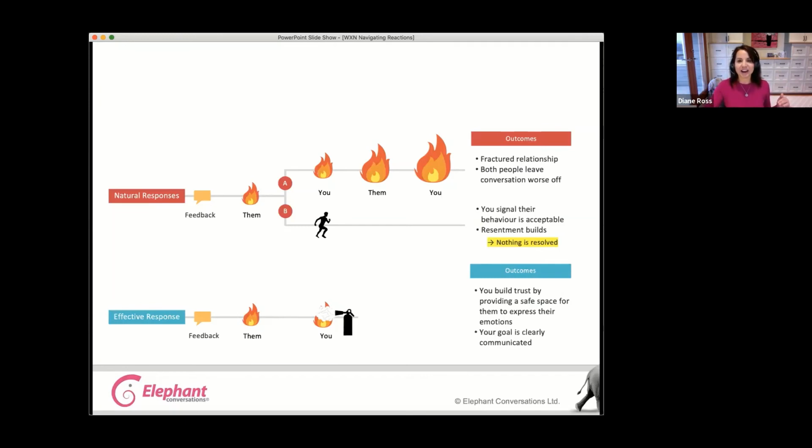Versus the other situation, where you give the feedback, there's a reaction, you hold that space, you bring in your tools to stay cool. It's not about not going back and repeating what you needed to say, to stick with the message, but it's not getting sucked into that vortex.